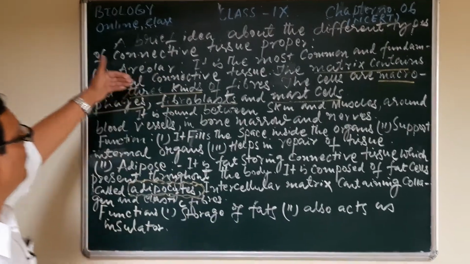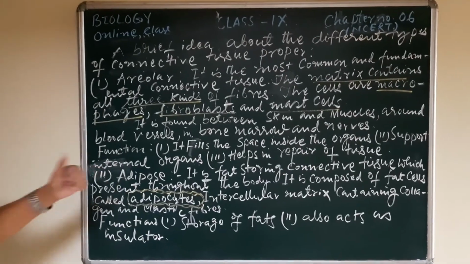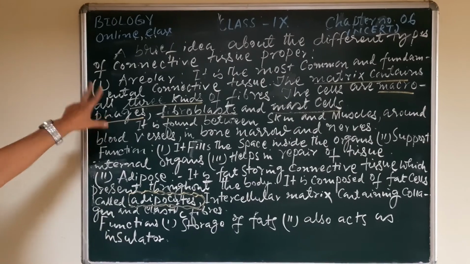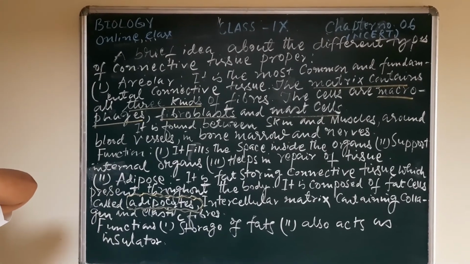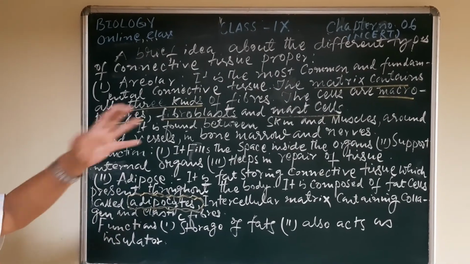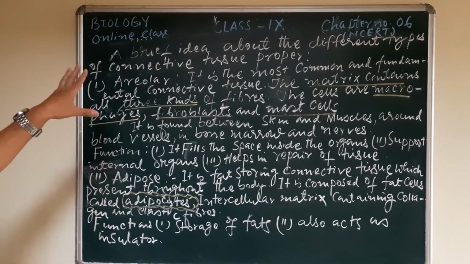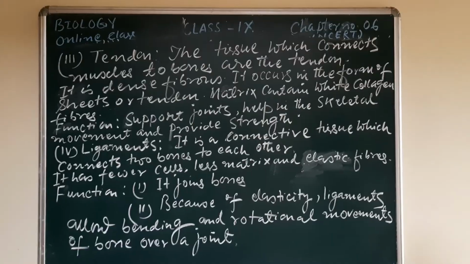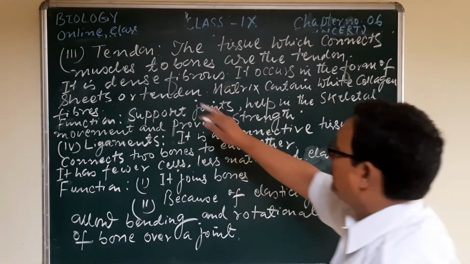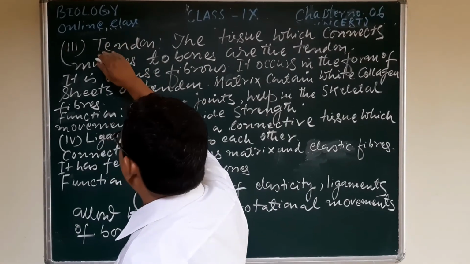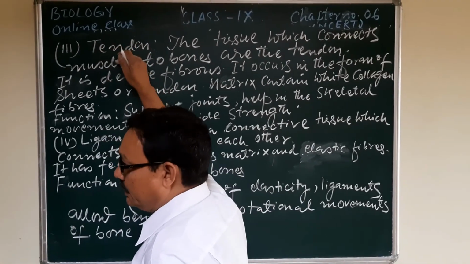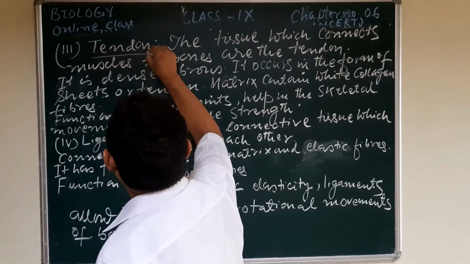So this is the first, areolar, and the second, adipose, and there are 2 more in this category. What are those 2 more? Tendon and ligament. Let us see the structure of those 2. The third type of proper connective tissue is the tendon.